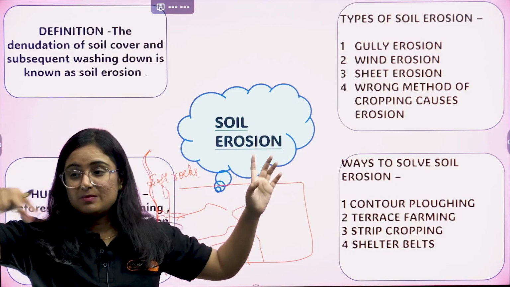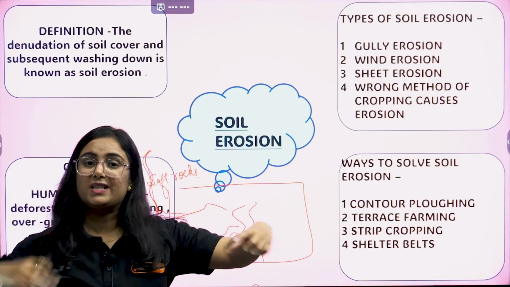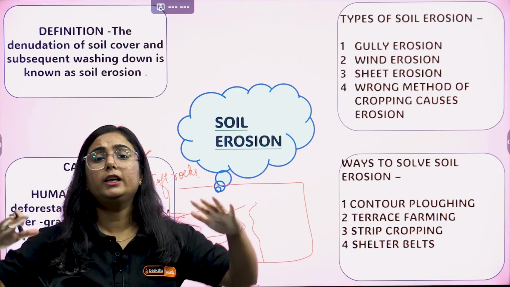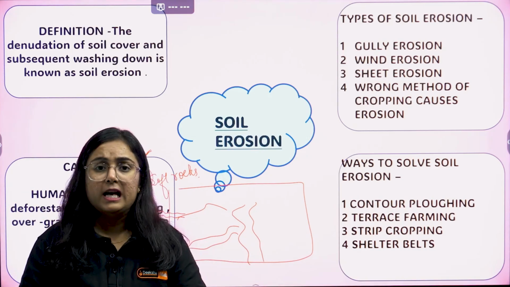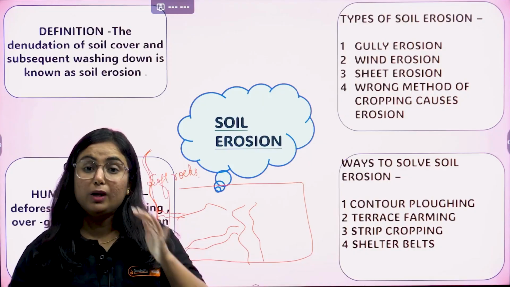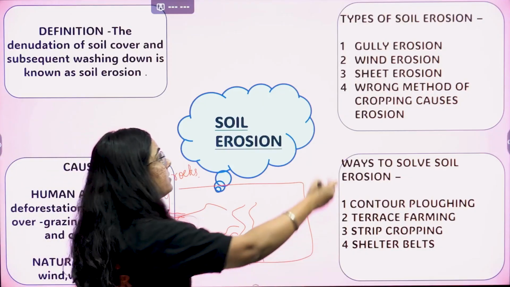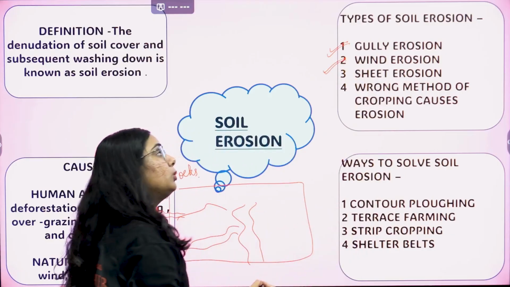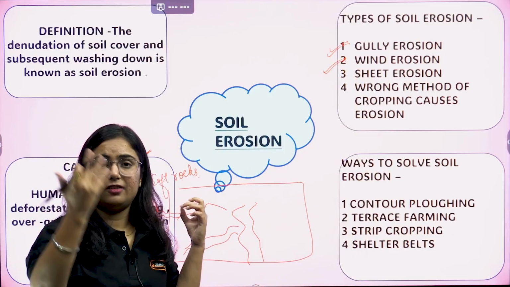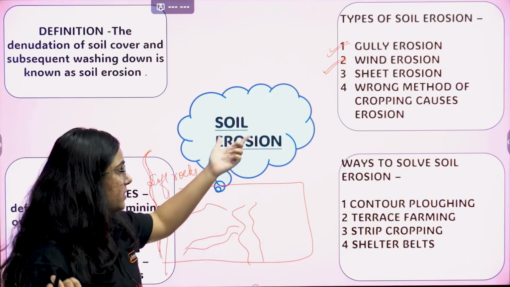Streams of water enter into the landform area and affect that soil, reduce the fertility of that soil, and wash away the topsoil. This is known as gully erosion. When similar erosion takes place due to wind, like heavy wind takes away the top layer of the soil, that is wind erosion.